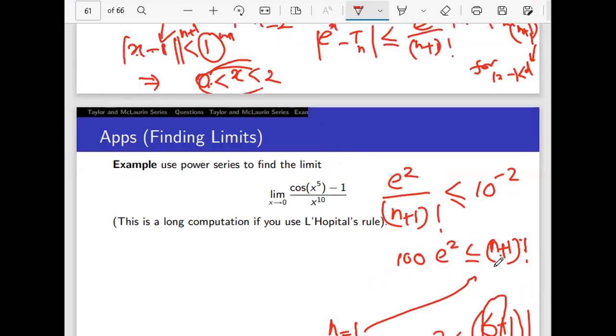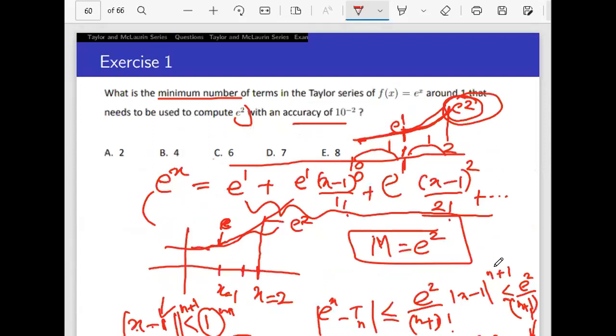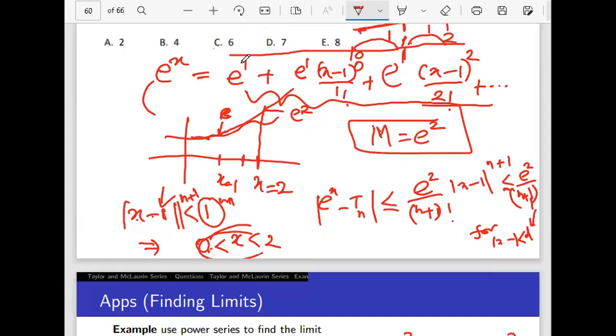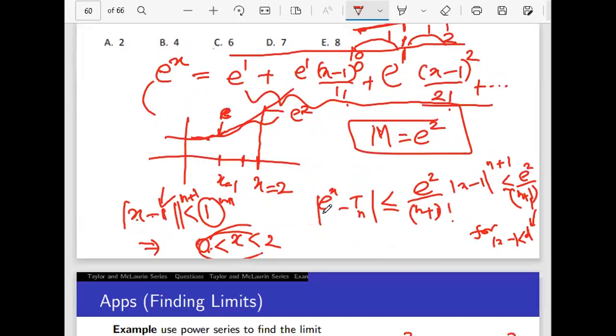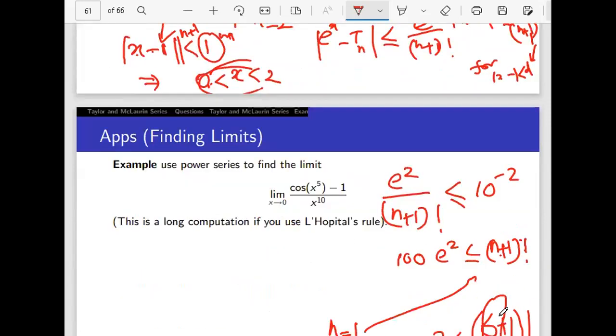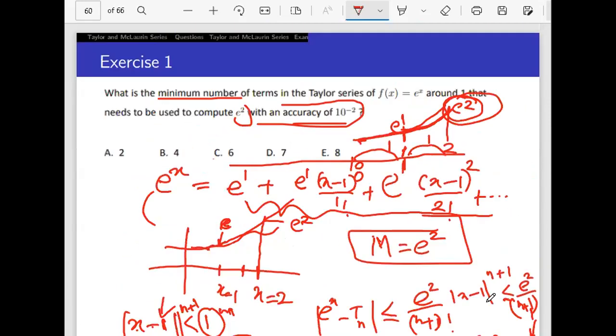That means we have to include at least the first 6 terms of this infinite series to get this much accuracy, right? If you add a lot of terms, then you are good, but you have to add at least 6 terms of this infinite series.